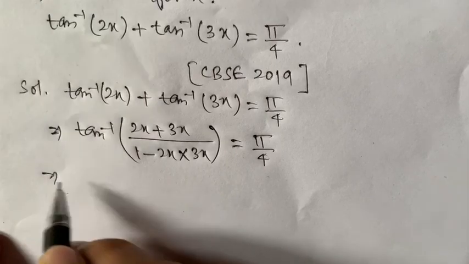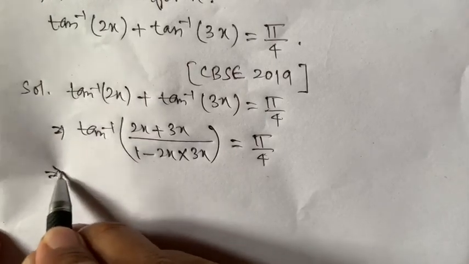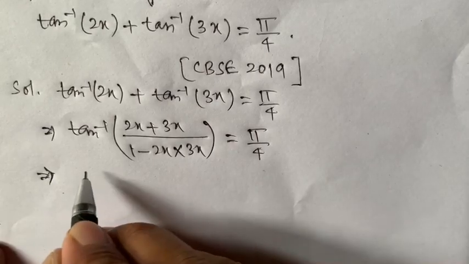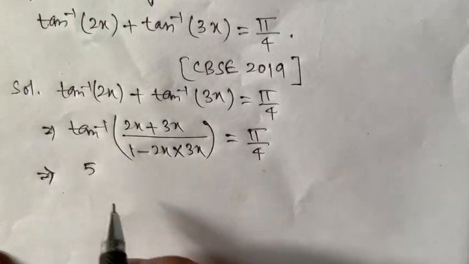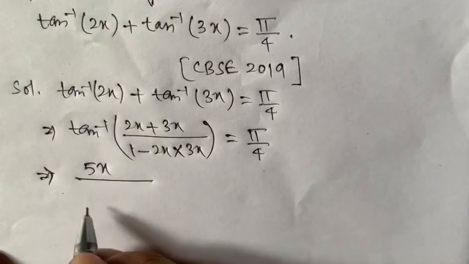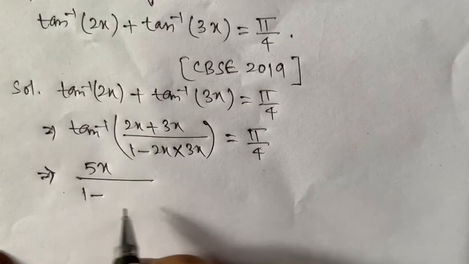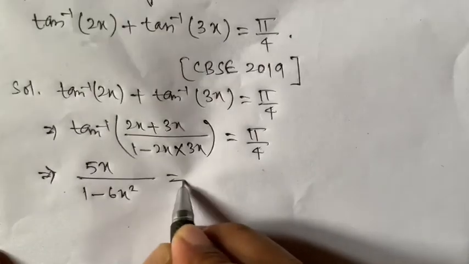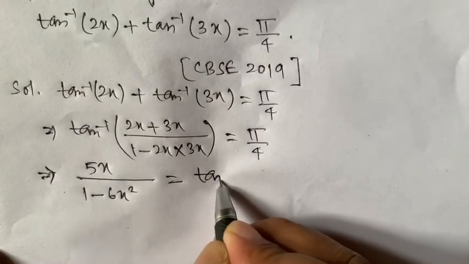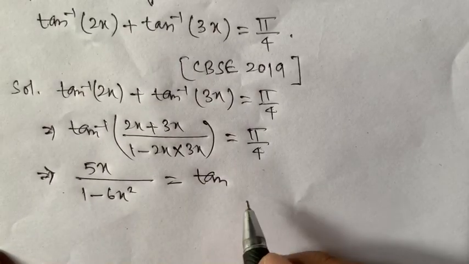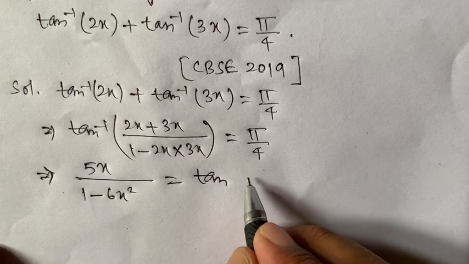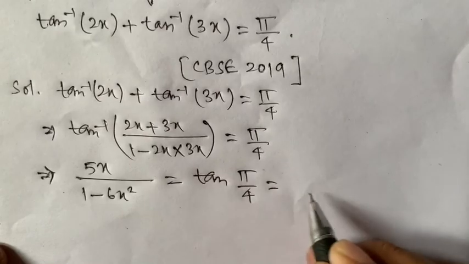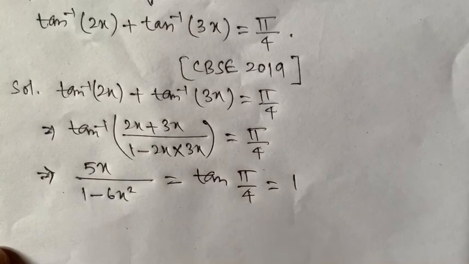and if we bring tan inverse to the right hand side, it will be tan pi by 4 in the right hand side, and we will simplify the expression in the bracket. It is 1 minus 6x square in the denominator, and in the numerator we have 5x. On the right hand side we have tan pi by 4, it is 1.